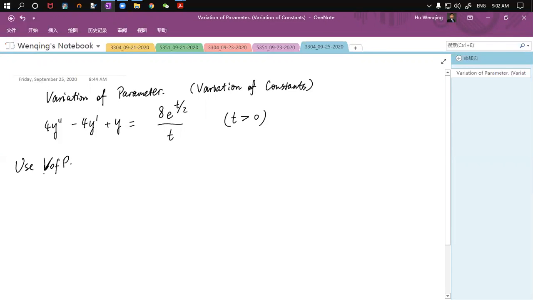In the variation of parameters method, first we should work with the complementary equation. So step one, you consider the complementary equation.